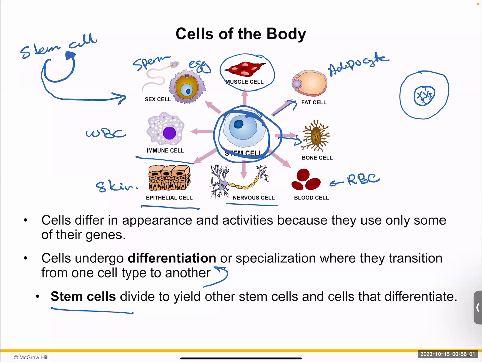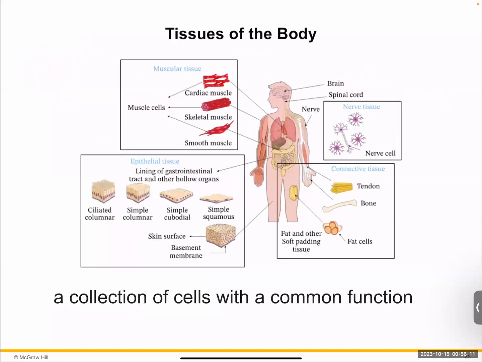So you either replicate yourself or you differentiate the stem cell to create various types of cells with a specific function within the body.